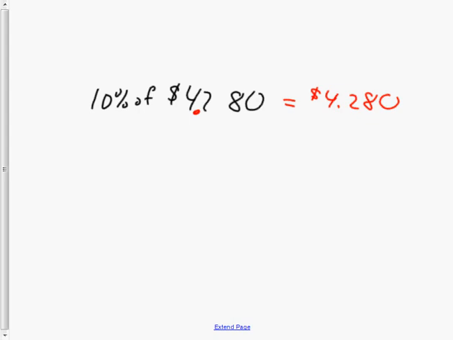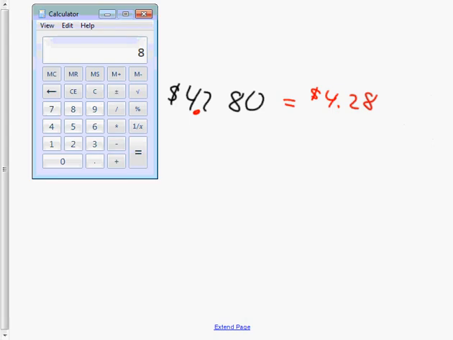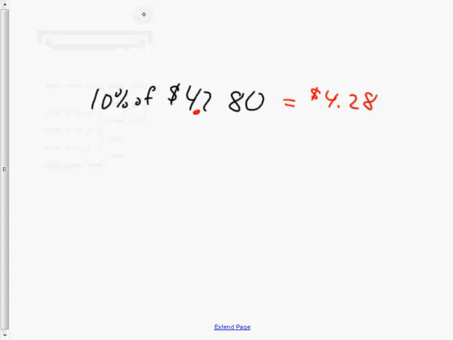Since we're talking about money, we usually don't use the third decimal place, and since it's a zero, it's called an insignificant zero. So 10% of $42.80 is that. If we take a calculator again, $42.80 divided by 10 gives $4.28. So the easiest thing for 10% is just to move the decimal one place over.